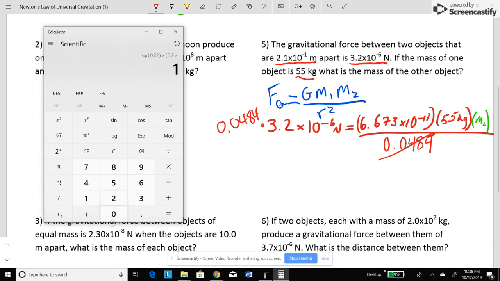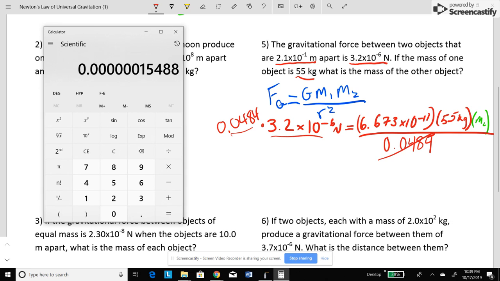So it's 0.0484 times 3.2 times 10. Okay, so once I times this one and this one, my number would be, let's move this decimal place over, 1, 2, 3, 4, 5, 6, 7.